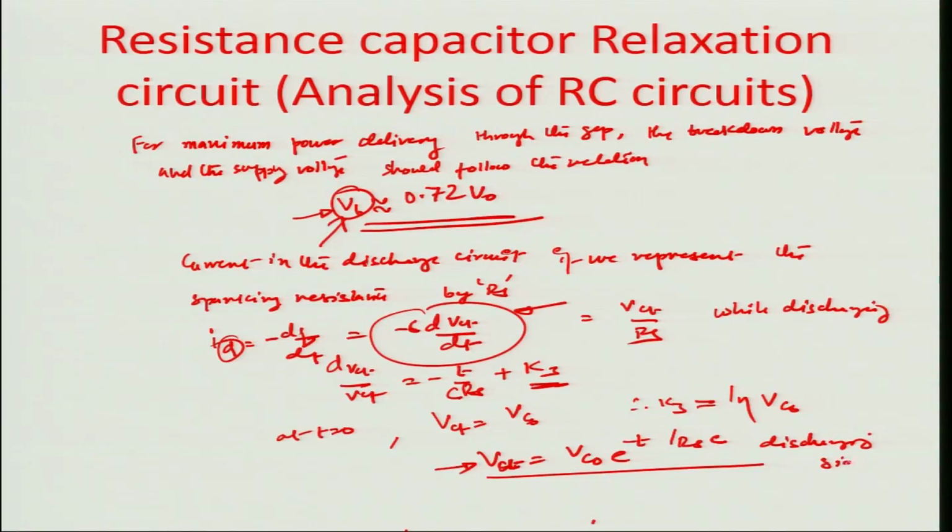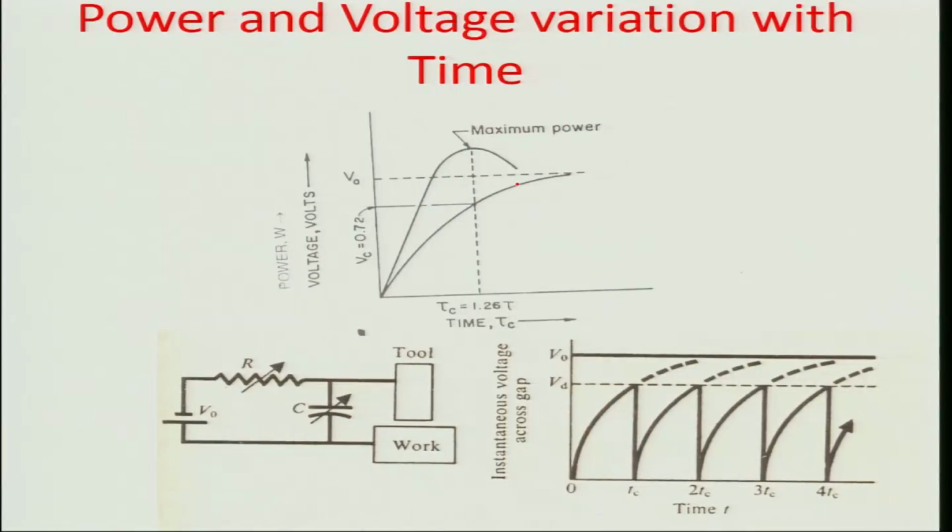Earlier we were doing mostly the charging side, and you can see the operating point of the charging capacitor where the power transfer should be the maximum. Let's plot and see if we can understand what is going on here.